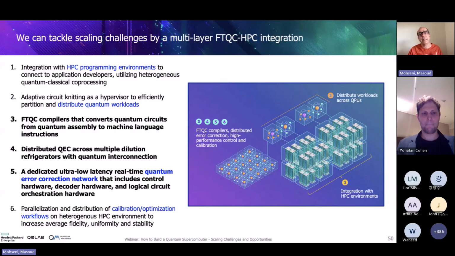So here in this consortium, layers 1 and 2 are entirely HPE contribution. 3 and 4 are our collaboration with HPE and 1QBit, and 5 and 6 are more a collaboration of HPE with Quantum Machines and NVIDIA. And also, of course, with Colab at the hardware level, number 6.